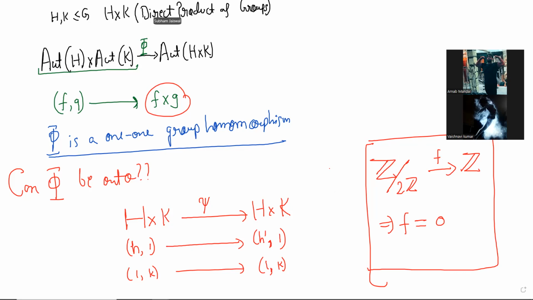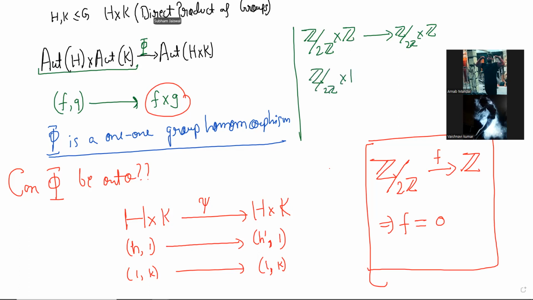Now if you put Z mod 2Z cross Z and Z mod 2Z cross Z, then this subpart, I have to write 0 because it's hard to write 1 as 0, has to go to this, correct?